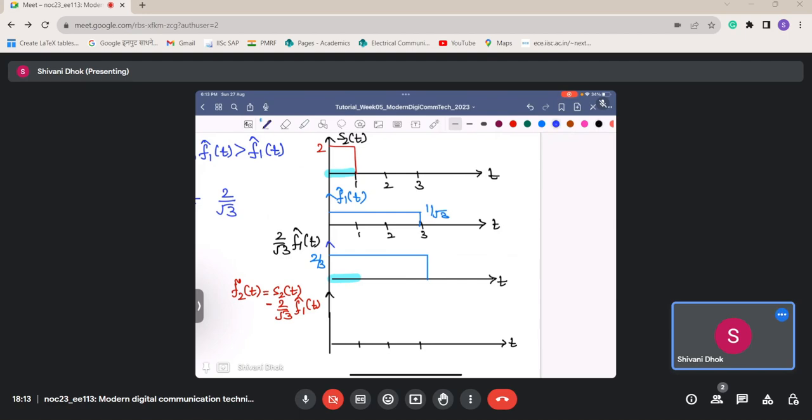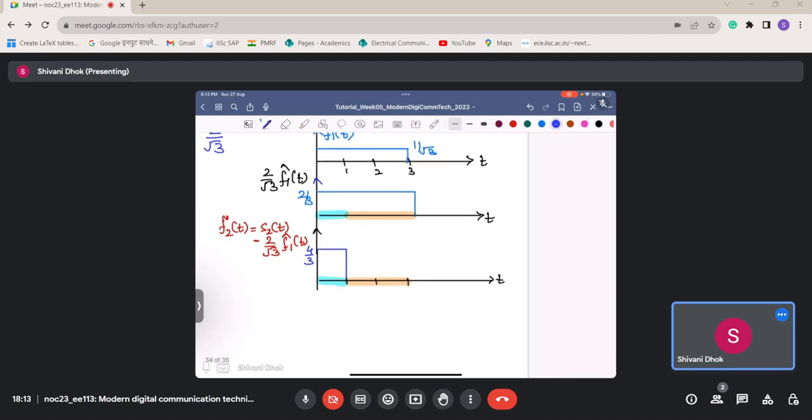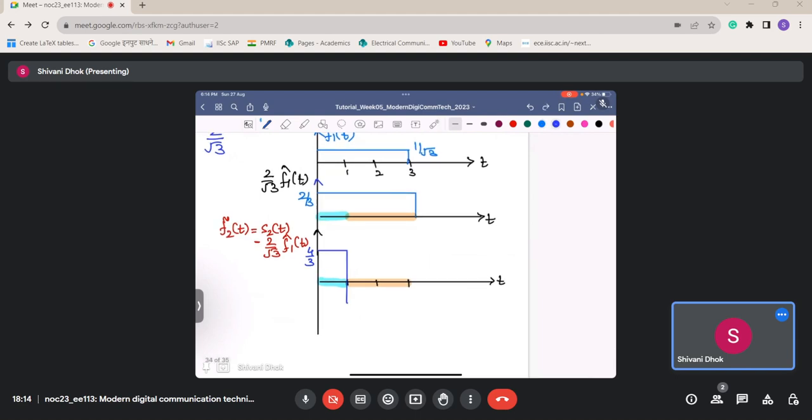So in this region, this signal will be 4 by 3, and in this region, it will be 0 minus 2 by 3, that is minus 2 by 3. So this is minus 2 by 3.